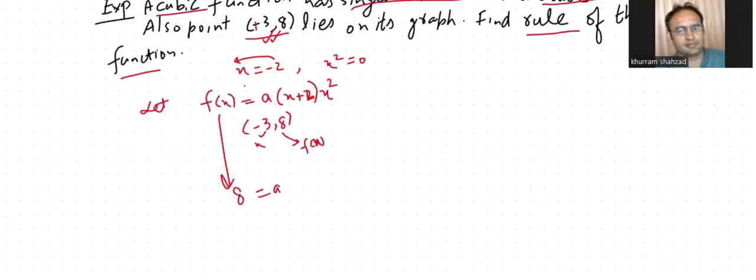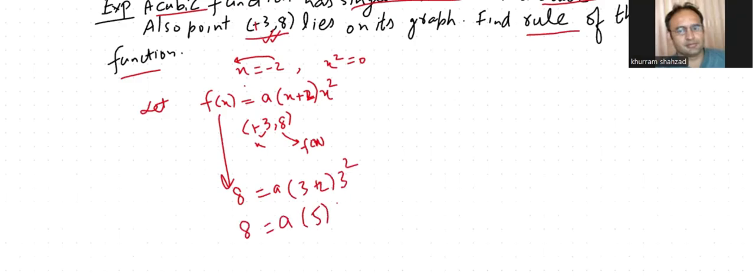So we will write f of x is equal to 8 at x equal to 3. So 8 is equal to a times 3 plus 2 times square of 3. So this 8 is equal to a times 5 times 9.